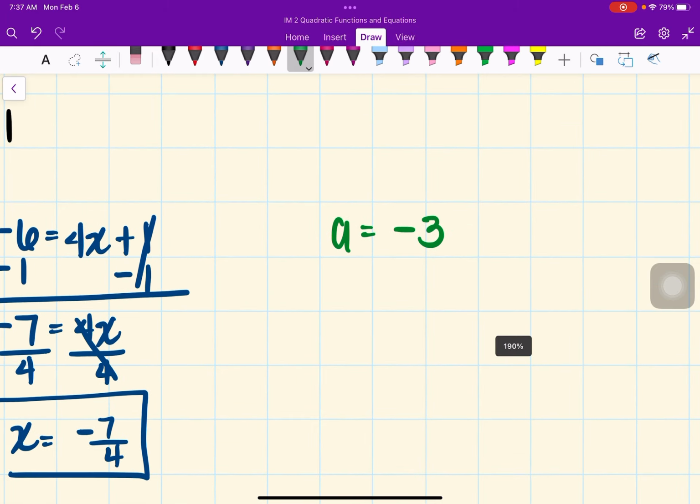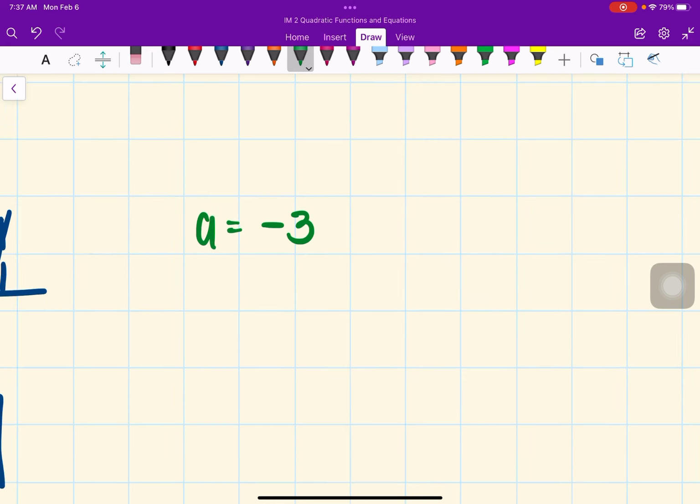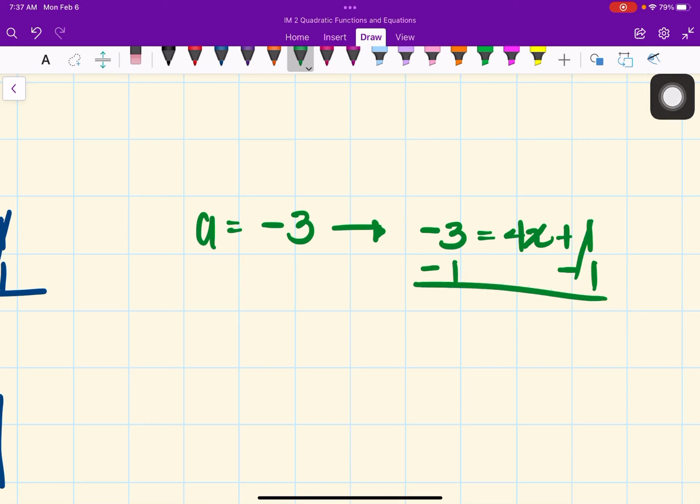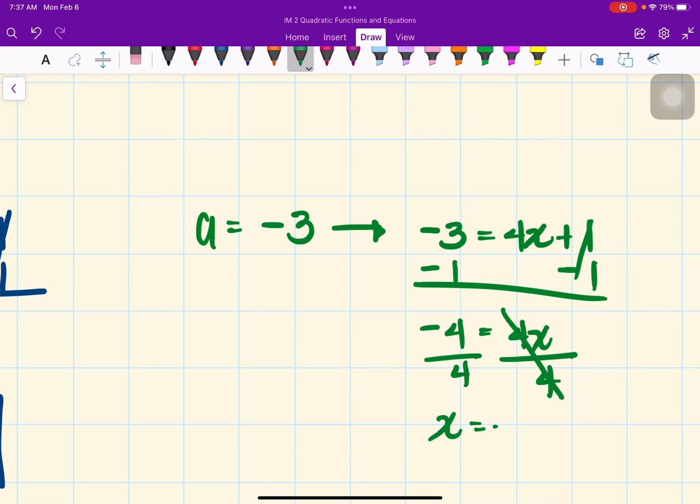Let's say a equals -3. So now I make the equation equal to a negative: -3 equals 4x plus 1. I'm going to subtract 1 from both sides. That gives us -4 equals 4x. Final step is to divide. So x in this case equals -1.